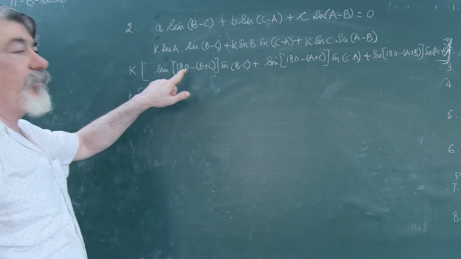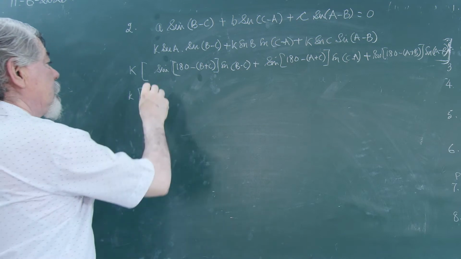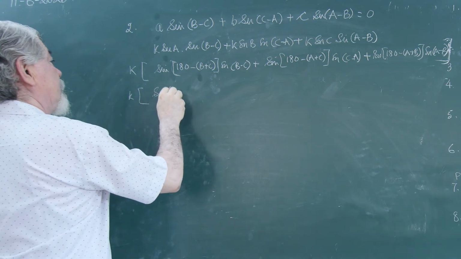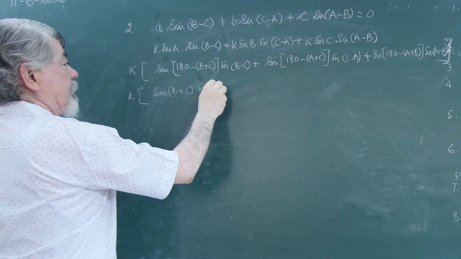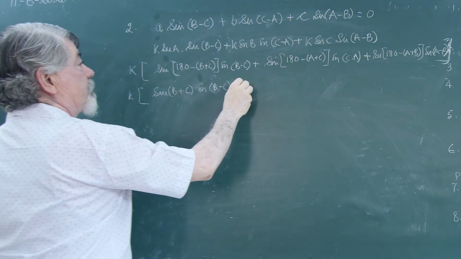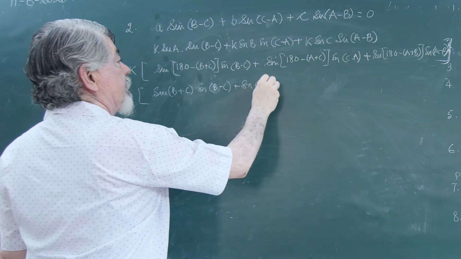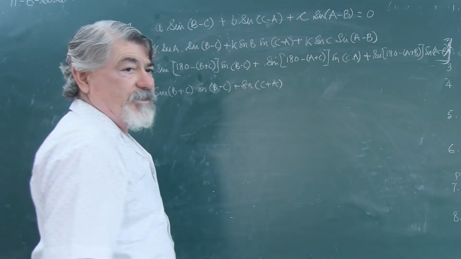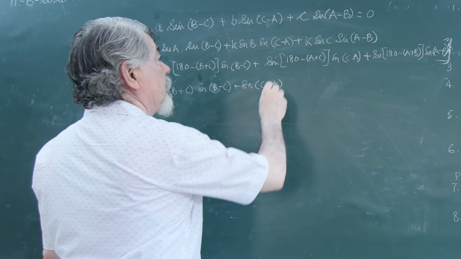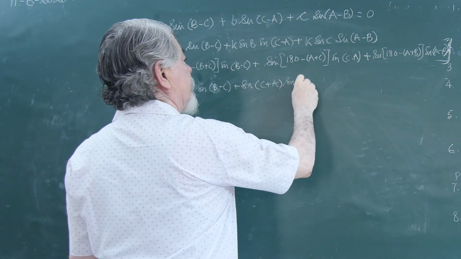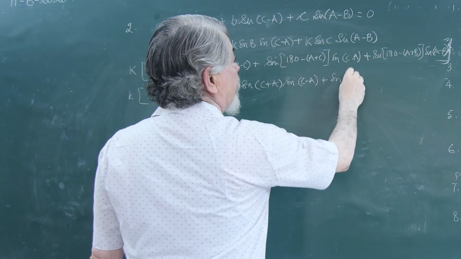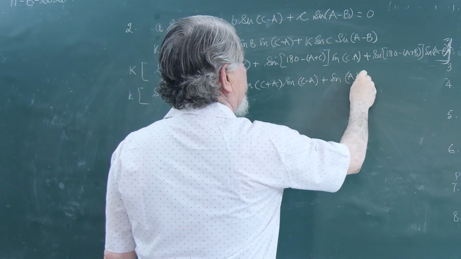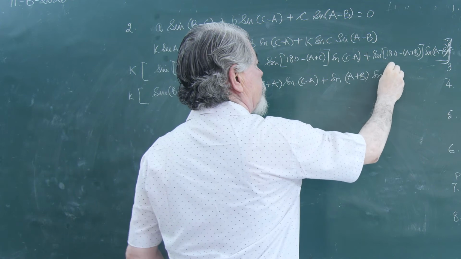Sine(180 minus theta) is sine theta, so it will become sine(B plus C) and sine(B minus C). Similarly, it will become sine(C plus A). You write A plus C or C plus A, addition is the same, sine(C minus A). Similarly, sine(A plus B), sine(A minus B).